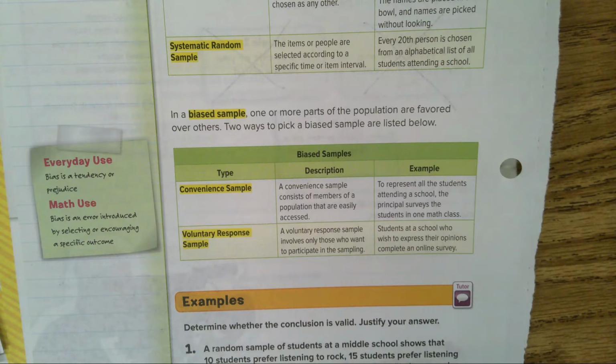So that would be a convenient sample, and it would be biased because of different experiences that they have or what they are interested in.